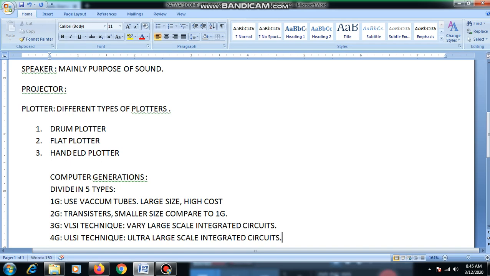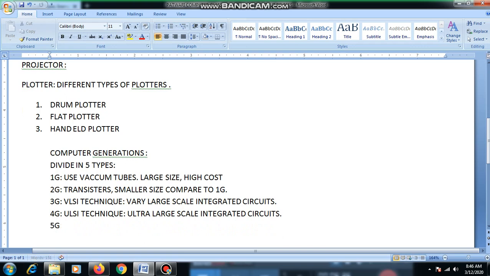In this type of generation, a chip can hold ultra large scale integrated circuits. We use normal PCs, just like a desktop computer, in 3G and 4G, with very fast speeds, reliability, and data storage efficiency.